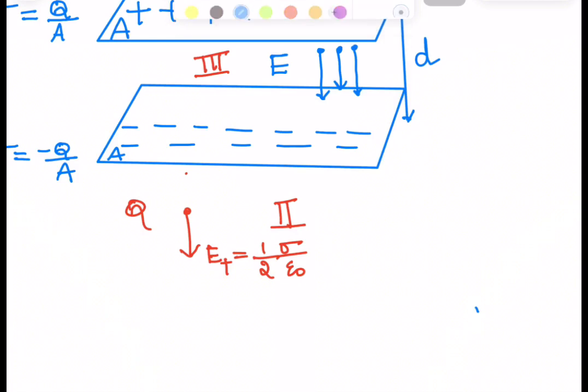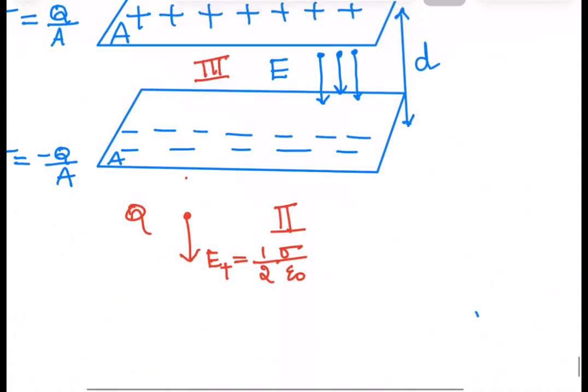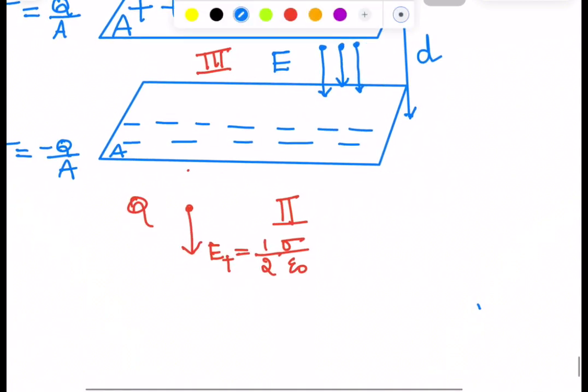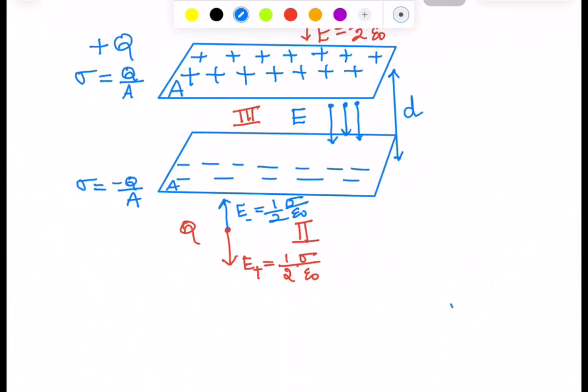The electric field due to the negatively charged plate is towards the negatively charged plate, again half of sigma by epsilon naught.